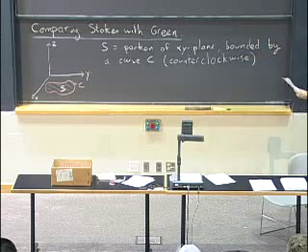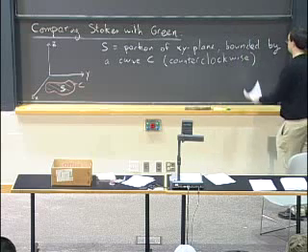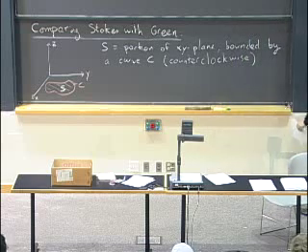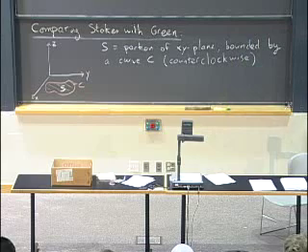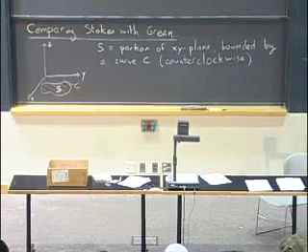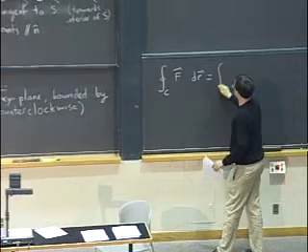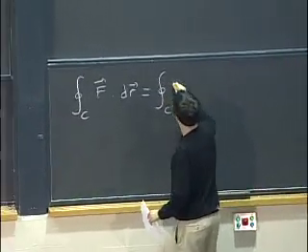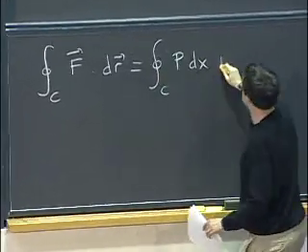Well, then I should look at the line integral, so the work along C of my favorite vector field F dot dr. So that will be the line integral of P dx plus Q dy.